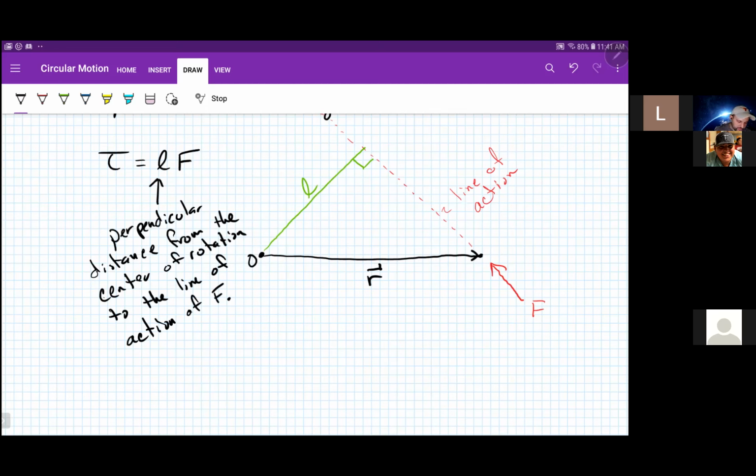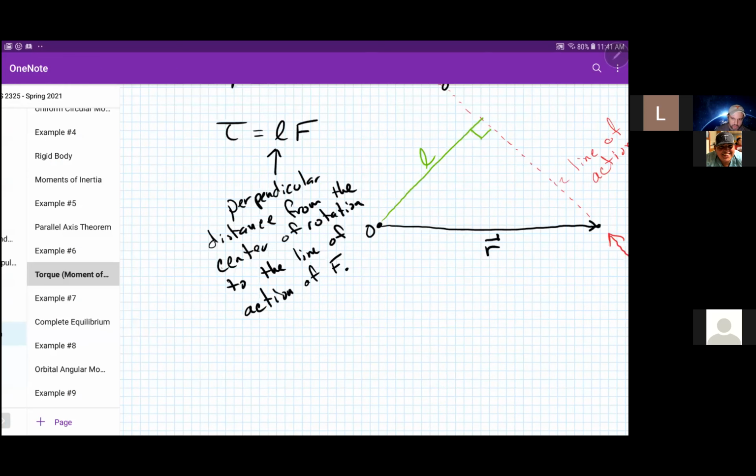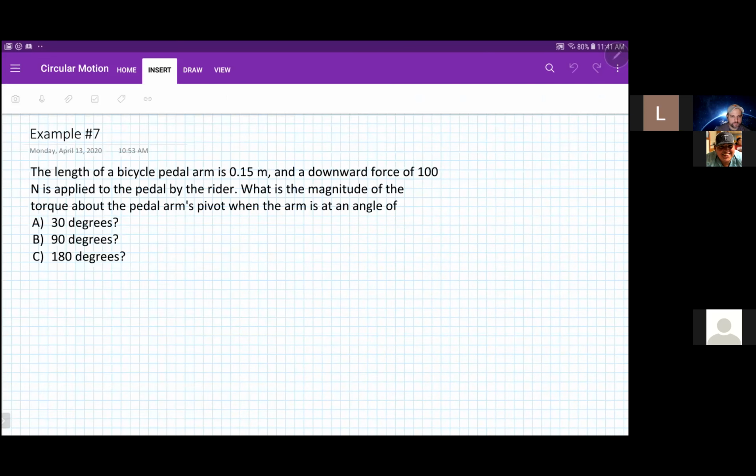All right, example 7. We're not getting as far as I was hoping. All right, let's see how far we can get in this example.